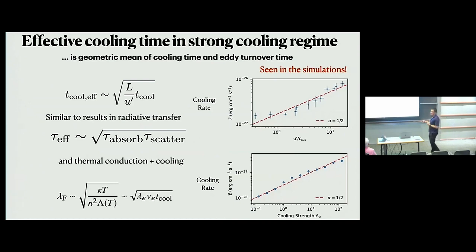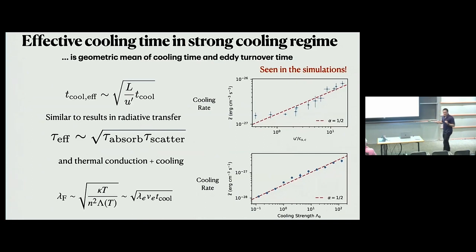It's essentially a random walk with some probability for absorption. It's also the same case for the random walk of a thermal electron, where you can hit an atom and undergo cooling. So we said this is the same for a turbulent eddy.